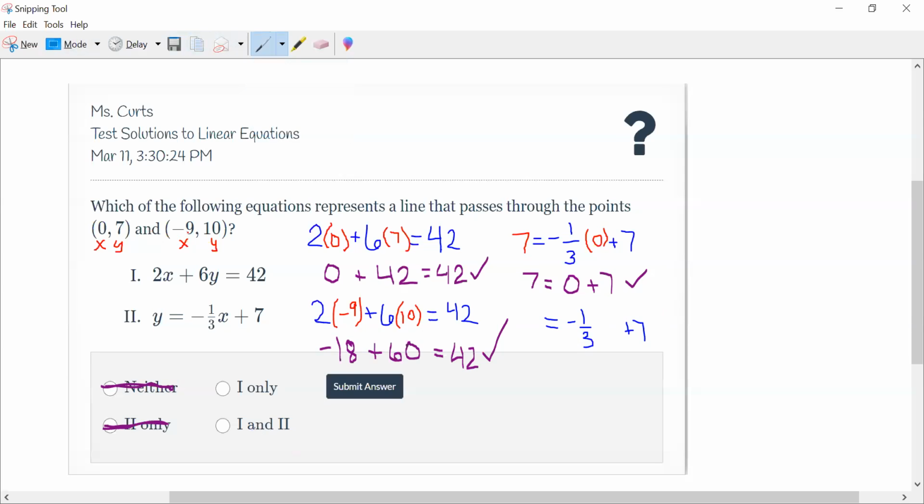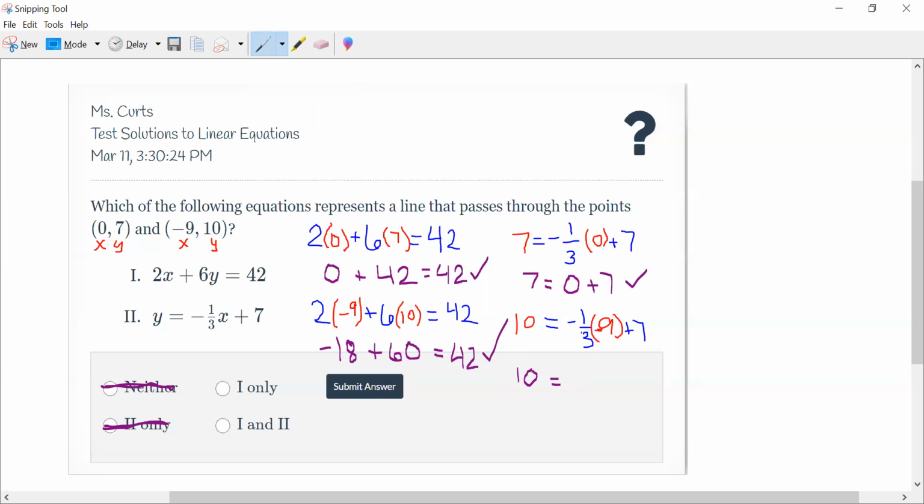So now we're trying a second point. So x is -9. And y is 10. Okay, -1/3 times -9. So negative times a negative is a positive.